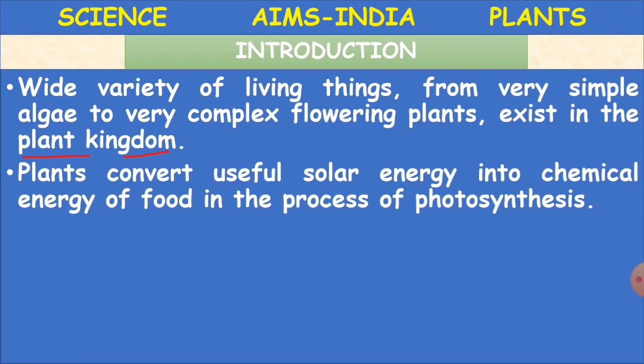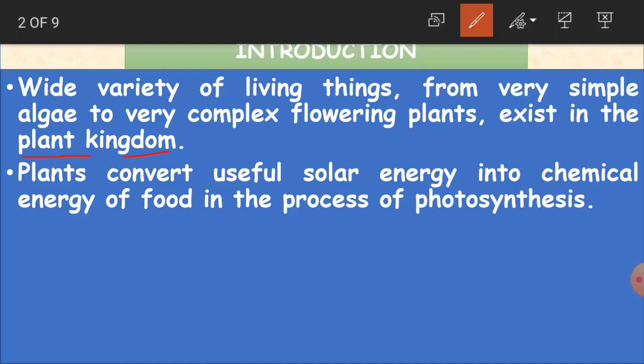And plants convert useful solar energy into chemical energy of food in the process of photosynthesis. Yes, children, you might know that plants make food for themselves. They make their own food. What do we call that process? We call it photosynthesis. The food making process of plants is called photosynthesis.